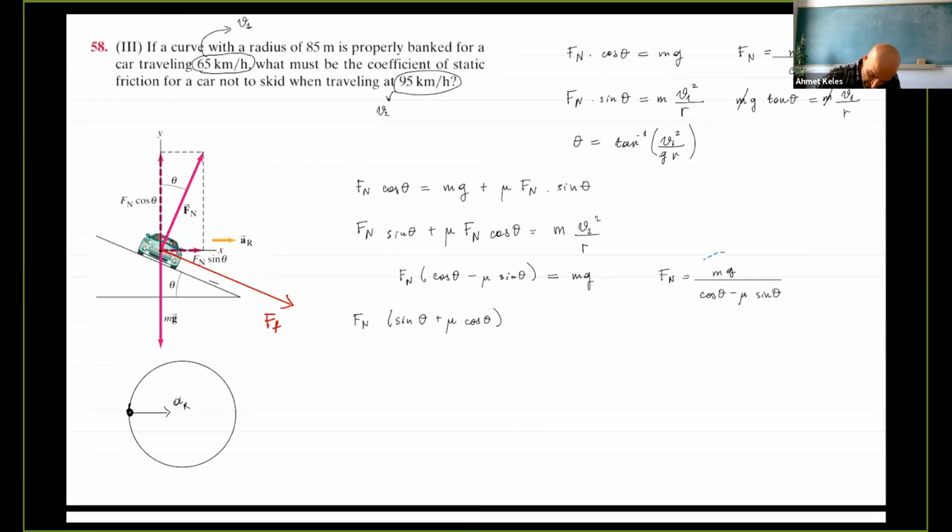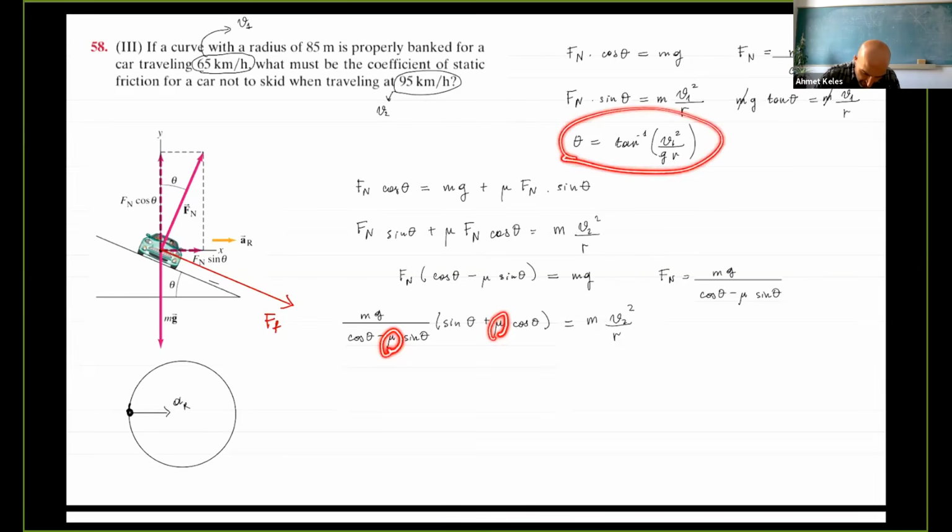So let's copy this, and maybe I can paste it here. This is F normal times this. And now I can delete this and take it back. This should be equal to m V2 squared over R. Now you can see in this equation, the only unknown is this mu, because we already found theta from here.